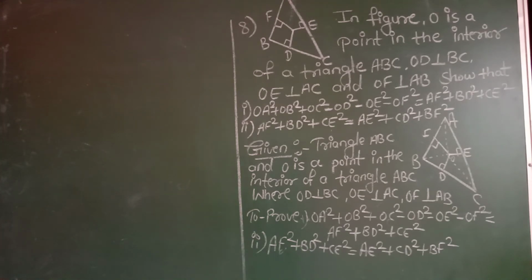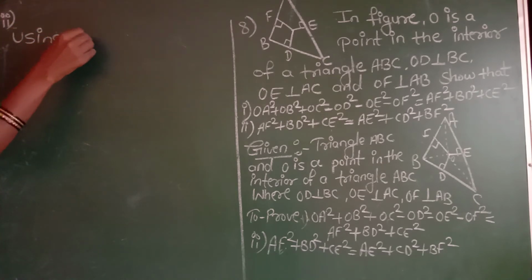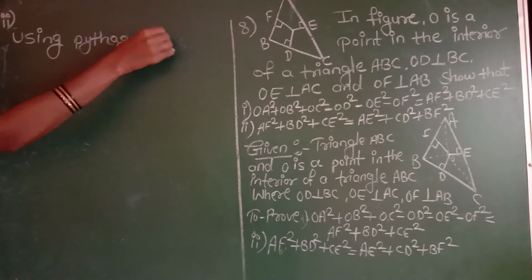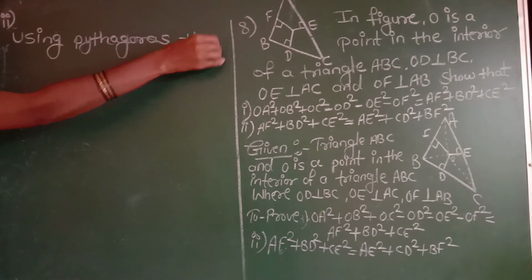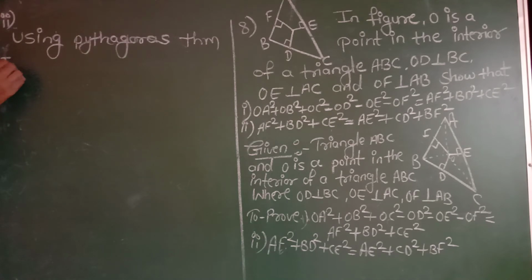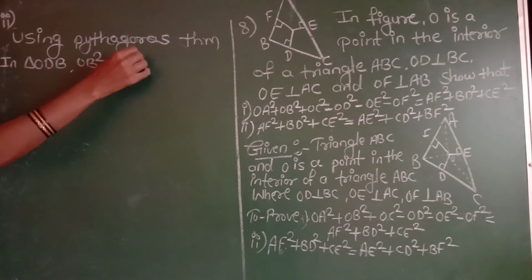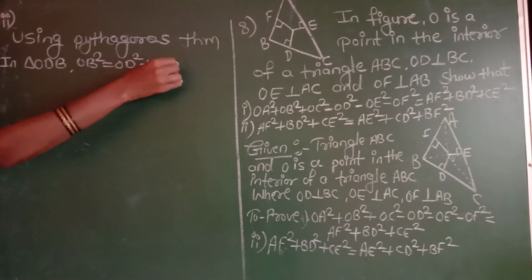Next, the second one, we are going to prove now using the Pythagoras theorem. First, in triangle ODB, we can write OB square is equal to OD square plus BD square.